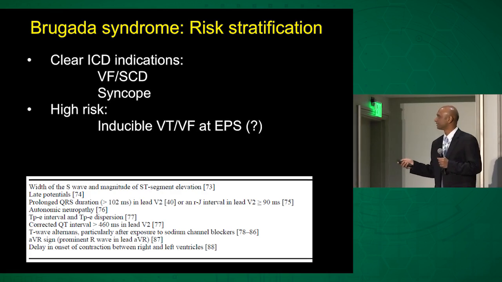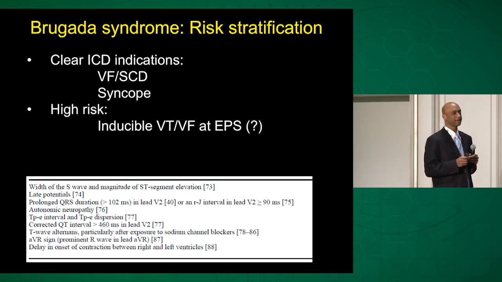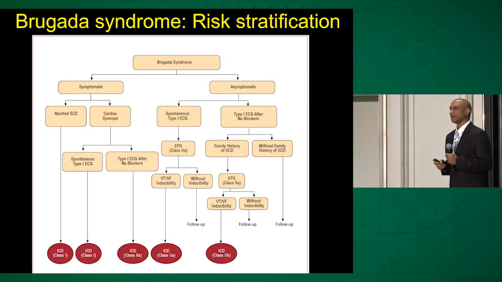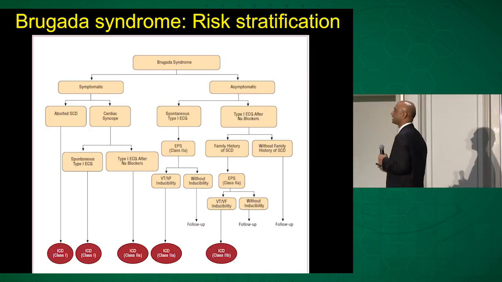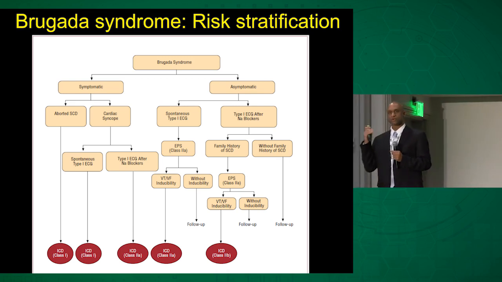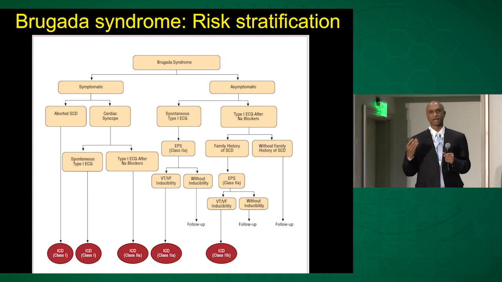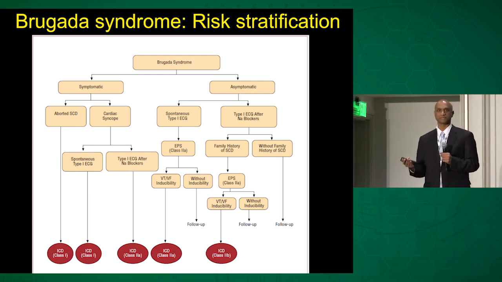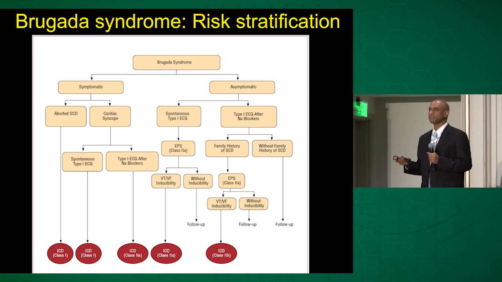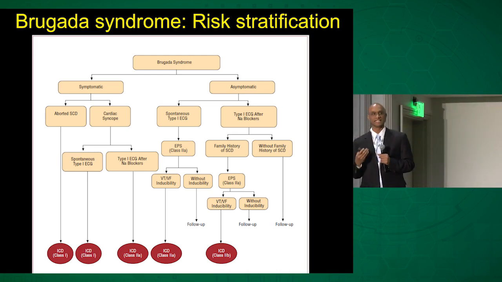I will skip through the risk stratification of Brugada, but just mention one word here, which is the role of EP study in patients with asymptomatic Brugada syndrome. Patients who are noted to have a type 1 Brugada pattern and therefore have a diagnosis of Brugada syndrome and have no symptoms may be considered for an EP study to see if you have inducible VT and VF.